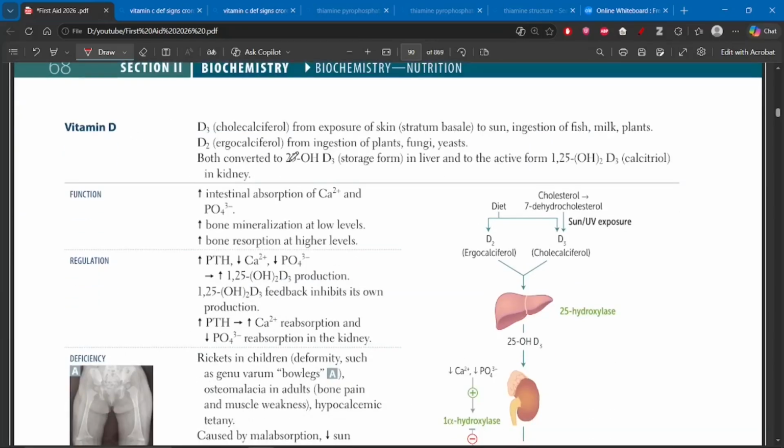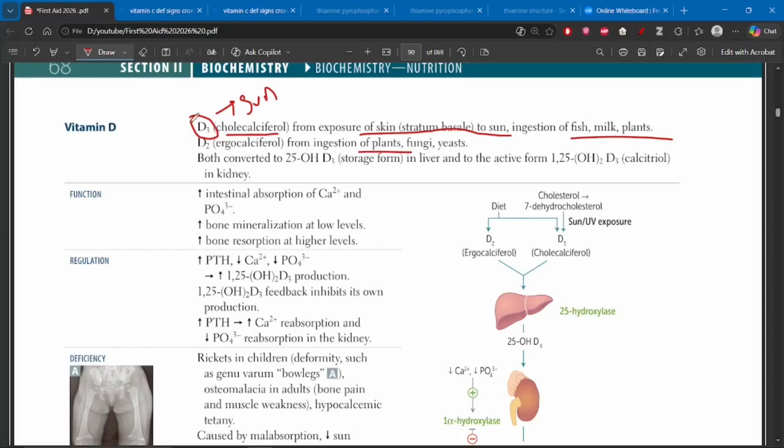Vitamin D. D has multiple forms. D3 is cholecalciferol, and it forms from the exposure of the skin to the sun. So this one is the classical D3 that we get from the sun, or the diet and ingestion of fish, milk, plants. D2 is ergocalciferol, and it comes from the ingestion of plants, mostly.